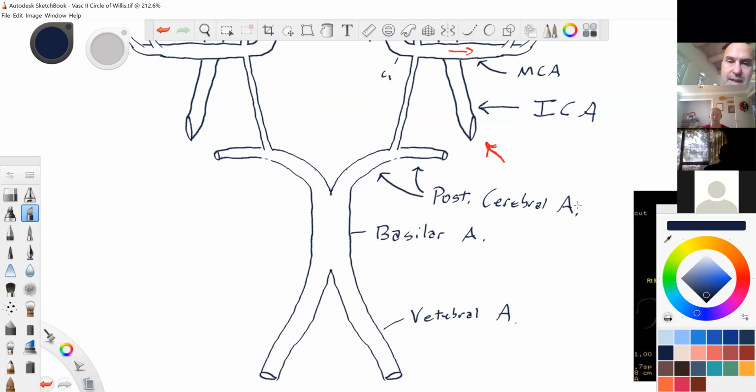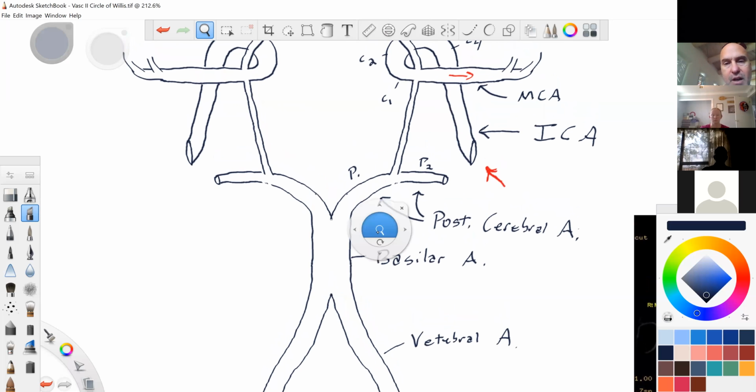That one does actually have a P1 and a P2 segment. And then another tiny artery that is often not seen, or usually not seen during a transcranial Doppler, which is how we would see any of these, is the posterior communicating artery here.